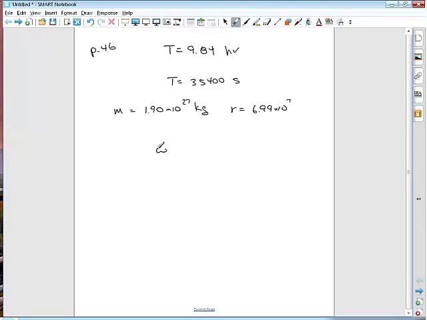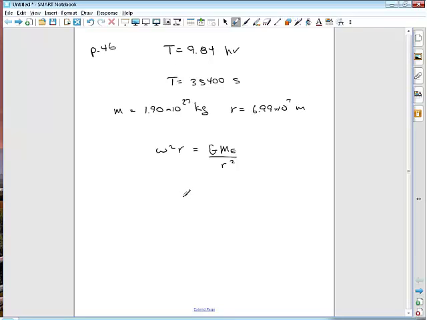So we have centripetal acceleration in terms of omega, which is the rotational speed, so it goes through one revolution in that many seconds, and that equals the acceleration due to gravity that we can calculate, which is G times the mass of the planet divided by r squared. So it's just the gravitational force without the mass of the object, because force is mass times gravity, so we take the mass out of there. What we're trying to do is solve for r. This r is different. That's the r of the satellite's orbit.